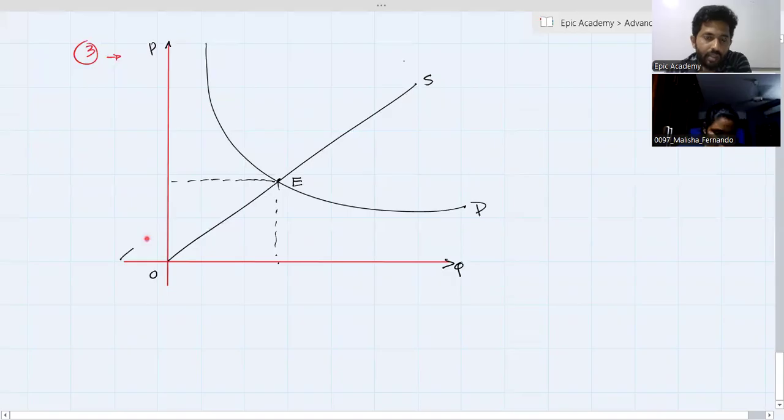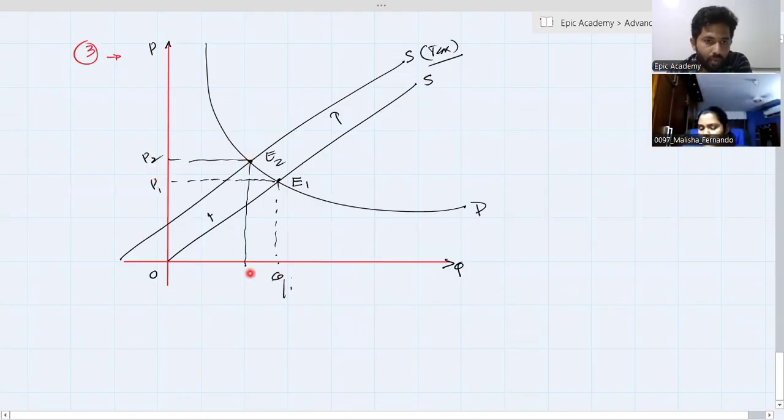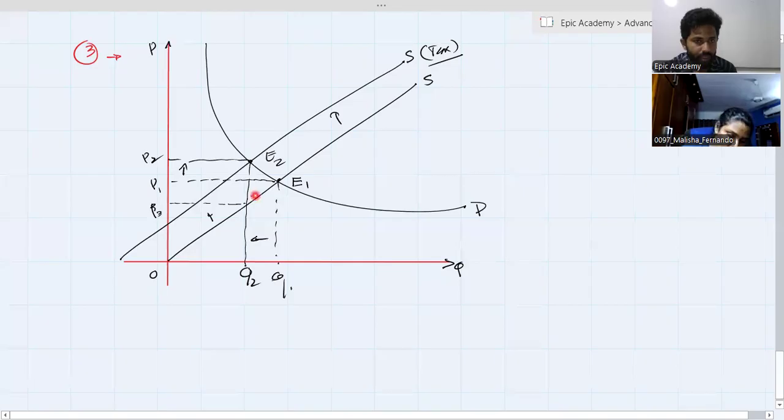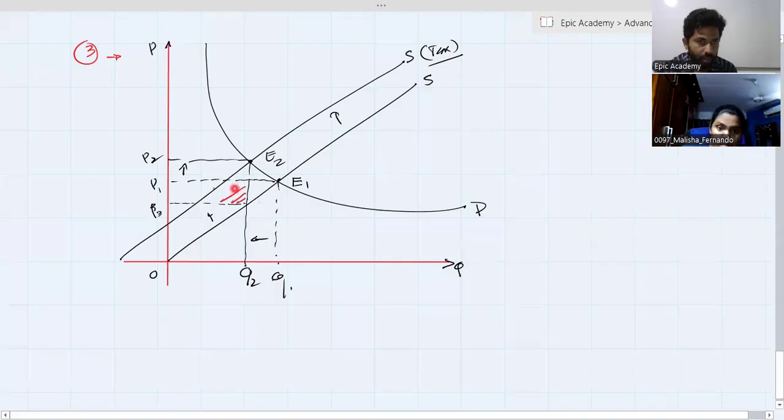After imposing the tax, the supply curve shifts upward. So this is the new equilibrium position. We call it E2, and this is the new price, P2. This is Q1. This is Q2. So this is the amount we can identify as P3. In here, we represent the producer tax burden.